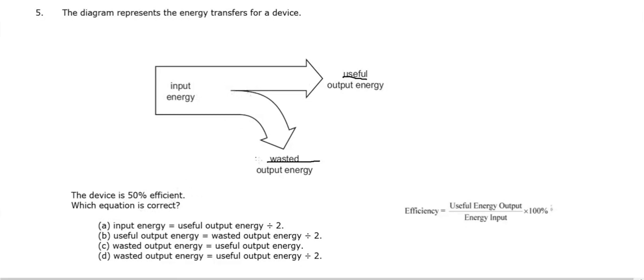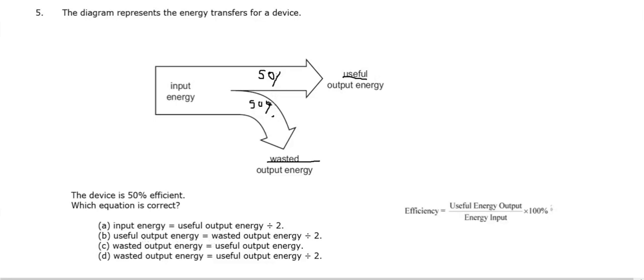Efficiency is the useful energy output divided by the energy input, and you have to multiply by 100 to get the percentage. So here 50% device efficiency means 50% we are getting as a useful output and the remaining 50% will be wasted.